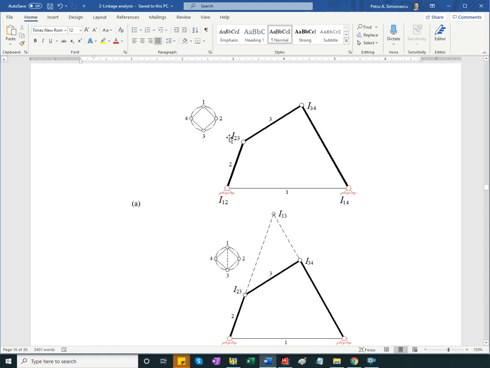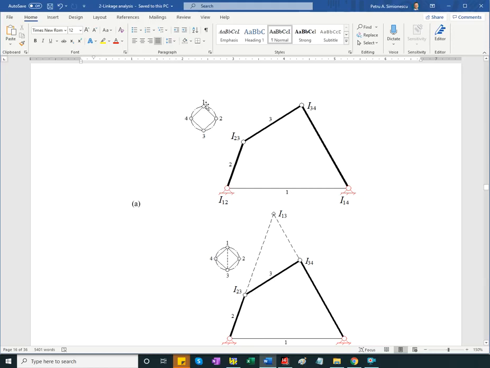Why is that? Because we have bodies 1, 2, and 4, 3 bodies, to which corresponds a Kennedy line, and then we have another set of 3 bodies, 2, 3, and 4, to which corresponds a Kennedy line. The missing instance center will be found at the intersection of the 2 Kennedy lines, 1, 2, 4, and 2, 3, 4. So let's see how it goes.